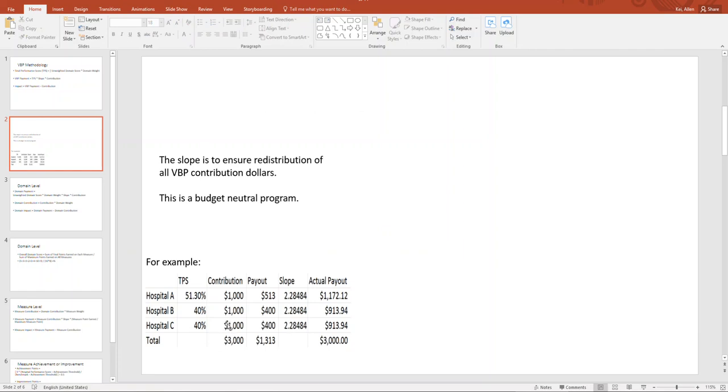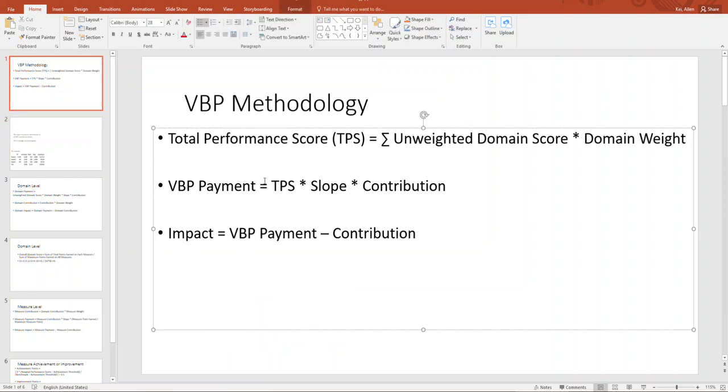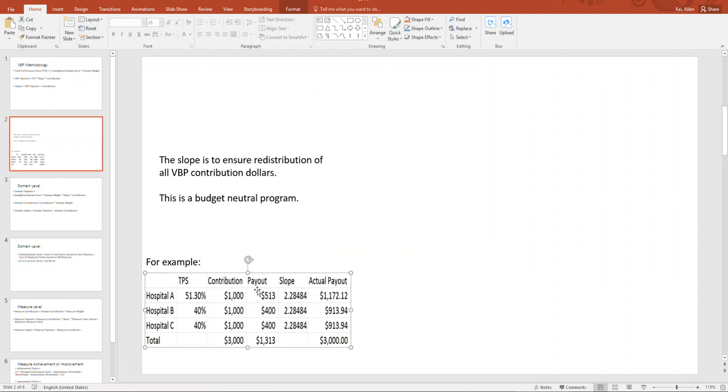As you can see from this graph, let's say hospital A is getting 51%. Let's say there are only 3 hospitals participating in this program, and this is the performance score for these 3 hospitals, and each of them contributes $1,000 to this program. As shown in this calculation, the payout for different hospitals is based on their performance. For example, the program is paying back hospital A $500, hospital B $400, and hospital C $400.